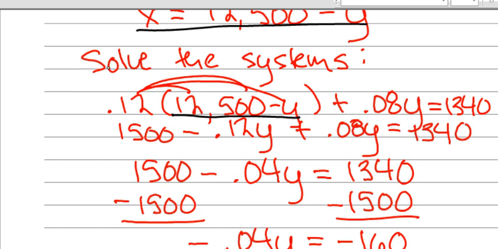I'm going to take the 0.12 and I'm going to multiply that by everything inside the parentheses. And 0.12 times 12,500 is 1,500. And 0.12 times minus Y, or minus 1Y, is minus 0.12Y. I'm going to add that to the 0.08Y, and that equals 1,340. I'm just following the second equation.